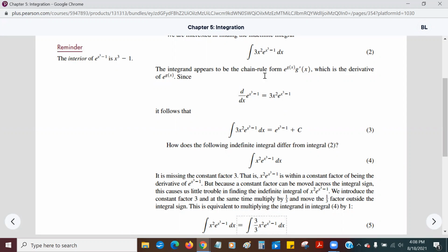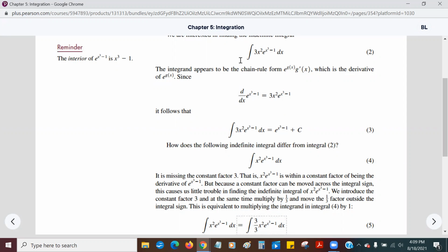But this 3x squared is the same 3x squared that I have over here, which means that the integral of 3x squared times e to the x cubed minus 1 is just e to the x cubed minus 1 plus c. And plus c, because that's a constant of integration, because when I differentiate it, it just disappears. So that's really the whole trick.